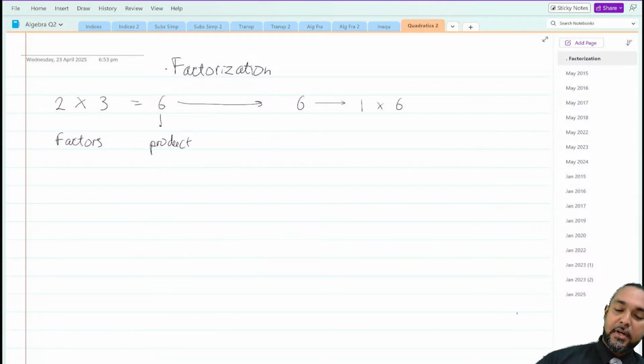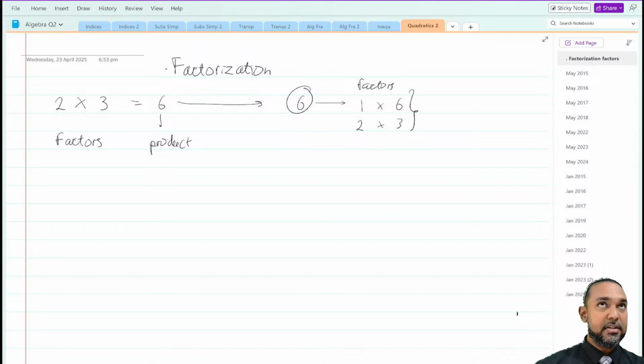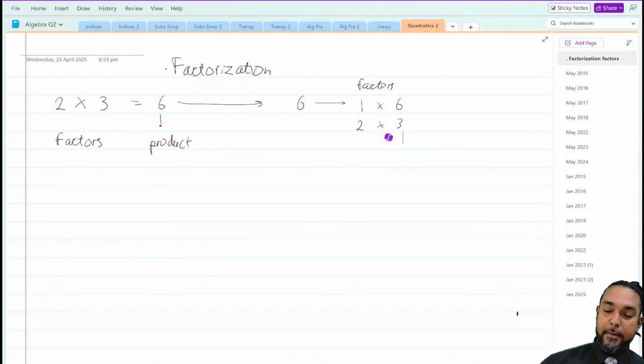So 1 by 6, and of course the other pair that we could see is 2 by 3, right? So these are the factors here. So when you take a number and express it as the product of its factors, that's called factorization, right? What we call factorization, what the Americans call factoring, which I think is a nicer way to put it. Right? So let's take our next number.